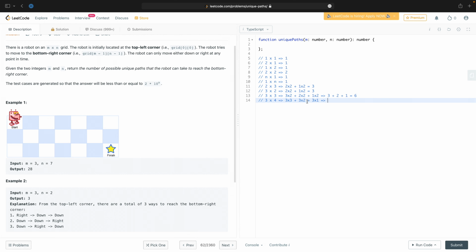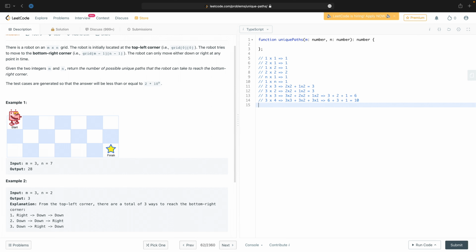So 3 by 3 is 6 plus a 3 by 2 is a 3 plus a 3 by 1 is a 1.